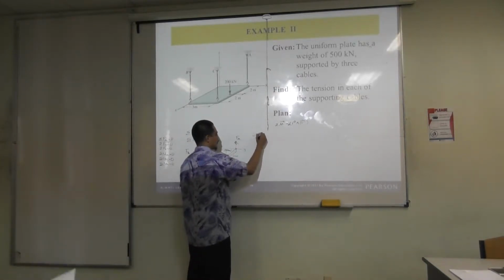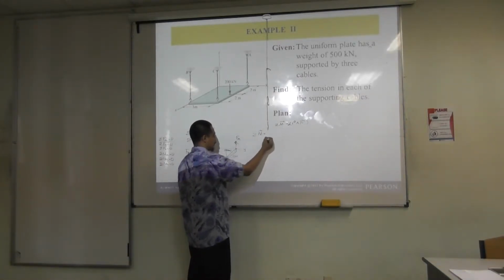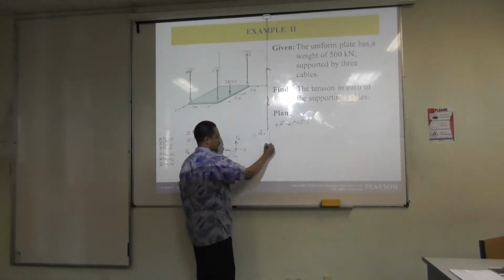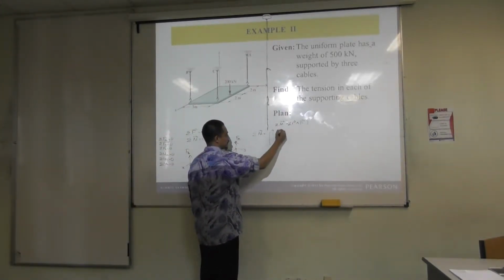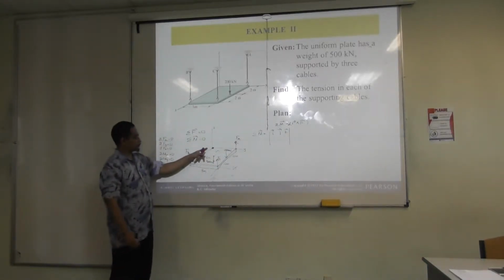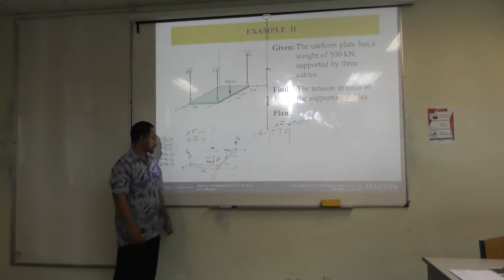So summation of M, or summation of r cross F, is for Fa. If I do straight away in the matrix, the r will be what? From here to here.